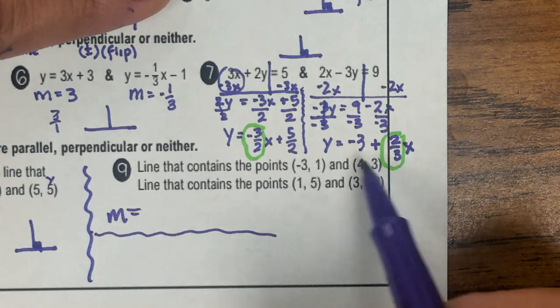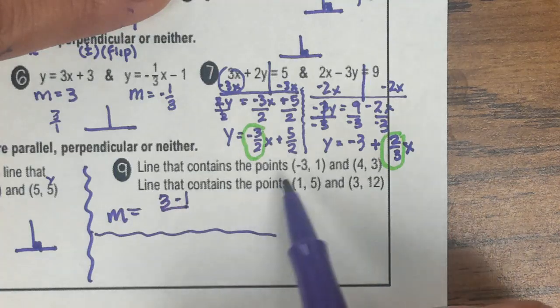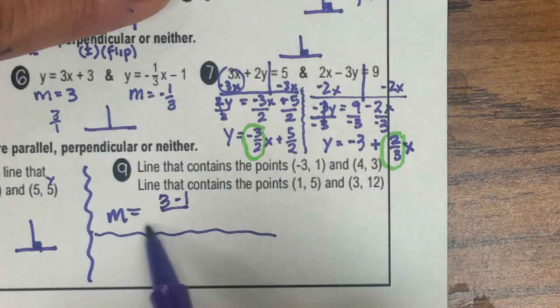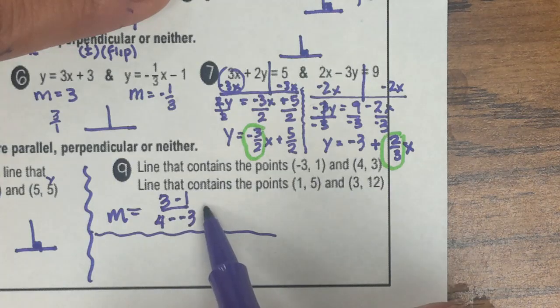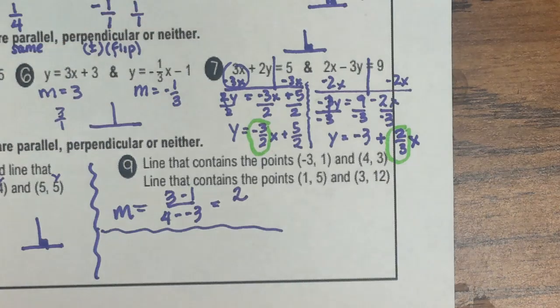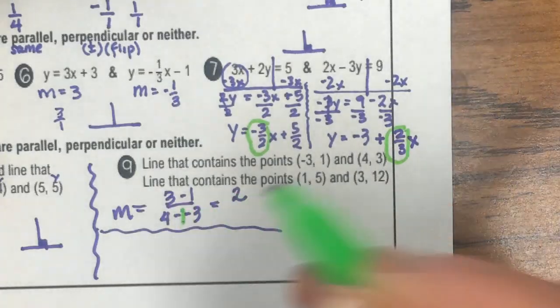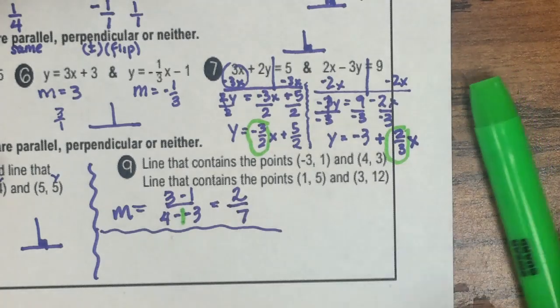I'm going to do 3 minus 1 over 4 minus a negative 3. Be careful. So this would give me 2. And this turkey right here becomes a positive. So 4 plus 3 would be 2/7.